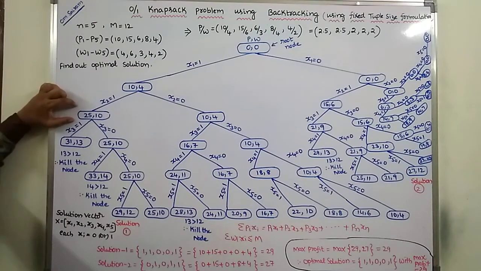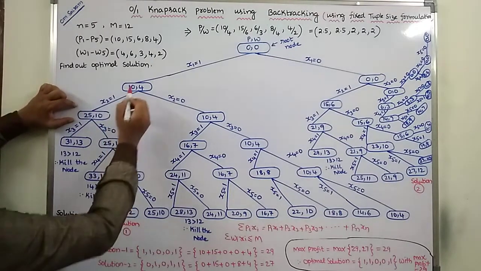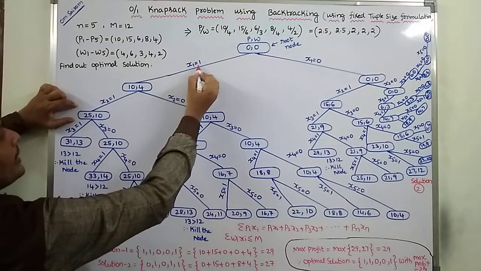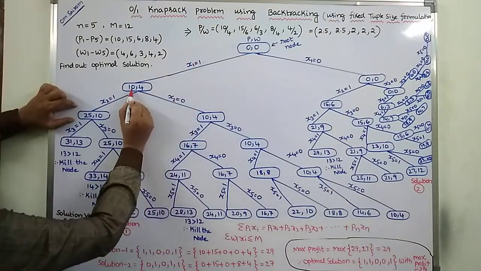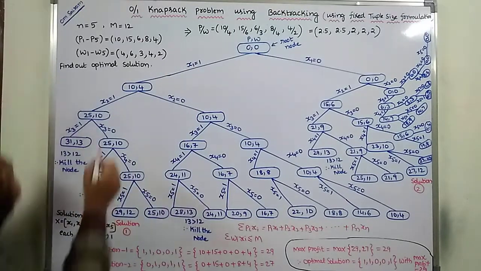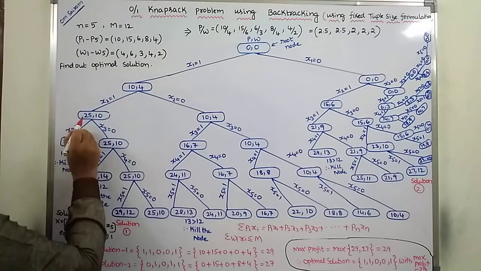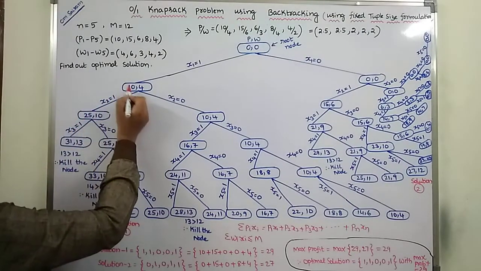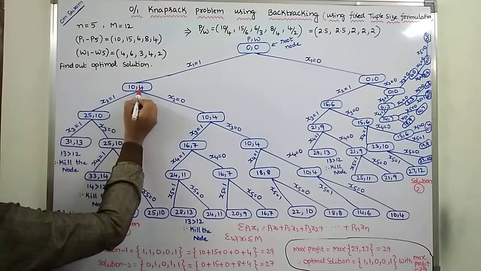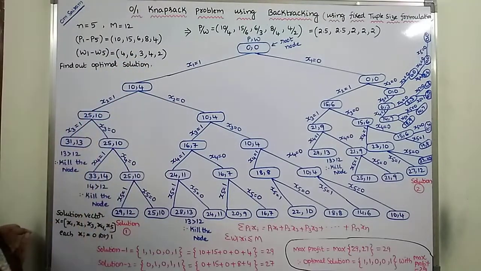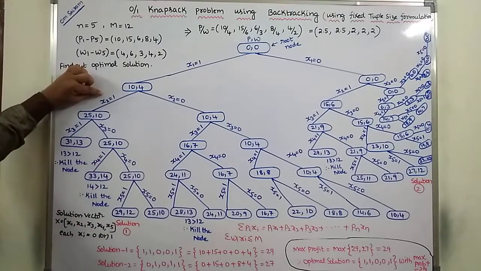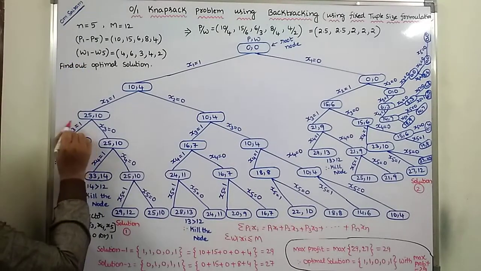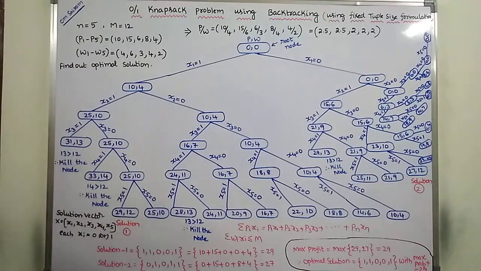After the first object, the profit value was 10 and the weight value 4. After the second object, the profit value is 25 and the weight is 10. This is the second object. Now we go for the third object.